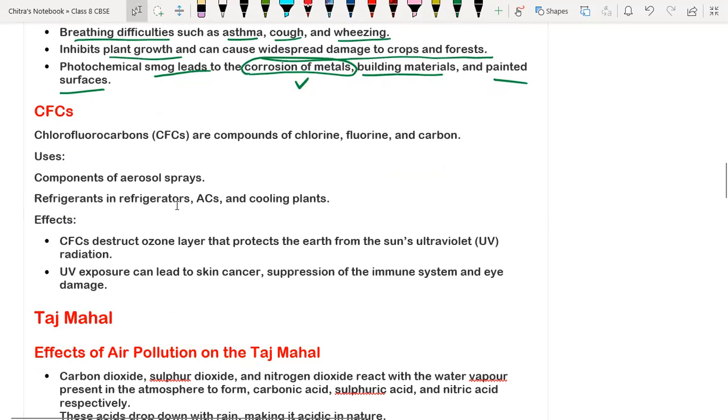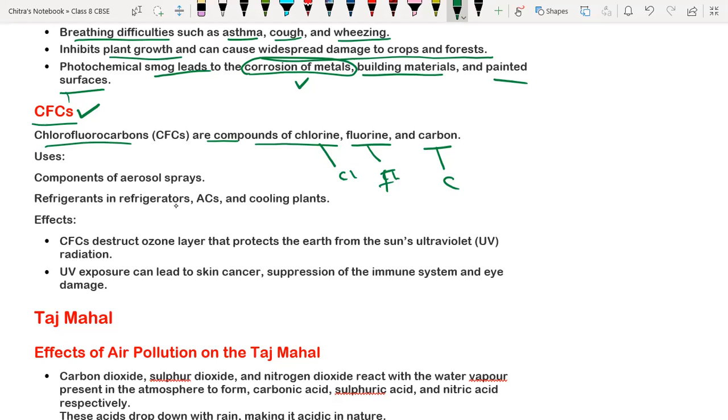Next, very important, is the chlorofluorocarbon. In short, it is called CFC. Chlorofluorocarbons are compounds of chlorine, fluorine, and carbon. From chlorine we have chloro, from fluorine we have fluoro, and carbon. So chlorine, fluorine, and carbon compounds are called chlorofluorocarbons. They are components of aerosol sprays.